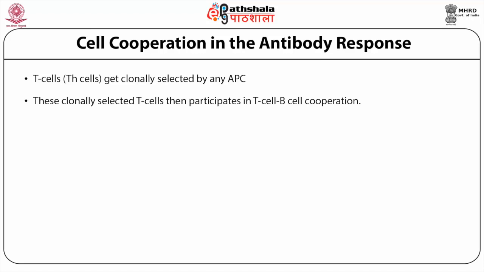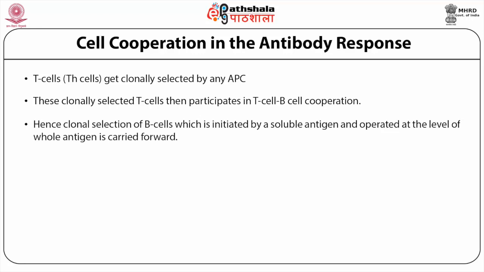It may be emphasized that T cells recognize some antigenic peptides and B cells recognize different antigenic peptides arising from the same antigen. Hence, clonal selection of B cells, which is initiated by a soluble antigen, operates at the level of whole antigen.